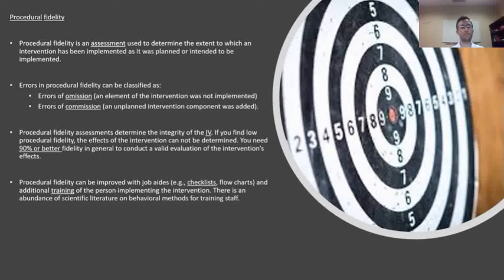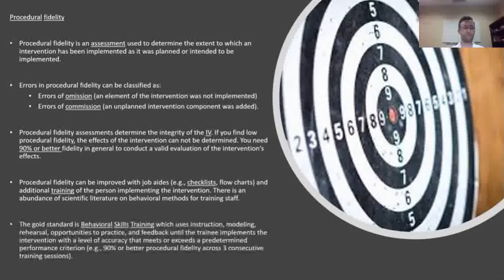Now, procedural fidelity can be improved with job aids, like checklists, flowcharts, and additional training of the person implementing the intervention. There is an abundance of scientific literature on behavioral methods for training staff. For example, you can find studies that looked at the best way to train practitioners to use functional analysis or stimulus preference assessment, discrete trial training, pivotal response treatment, and more.